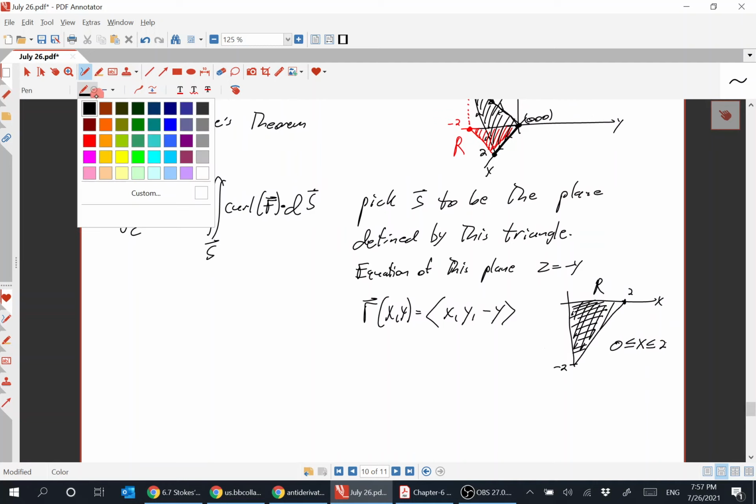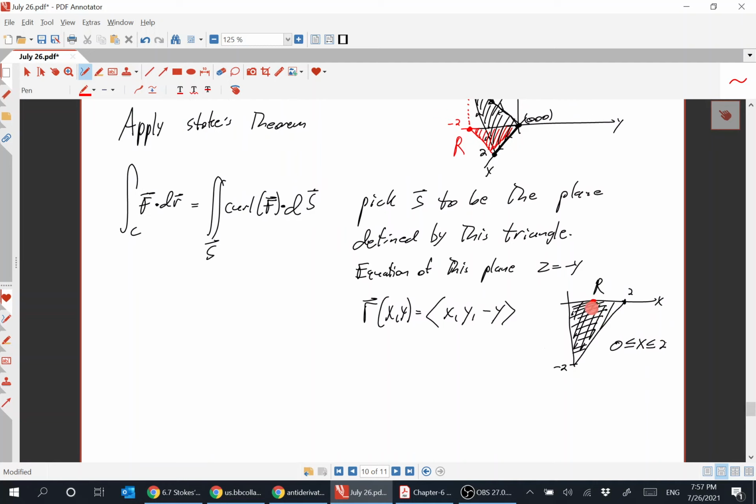And then for y, x going from 0 to 2, y goes from this line to here. And what's this line right there? It's got slope 1 and y-intercept -2. So that's a type 1 description for R. That's the line y equals x - 2.